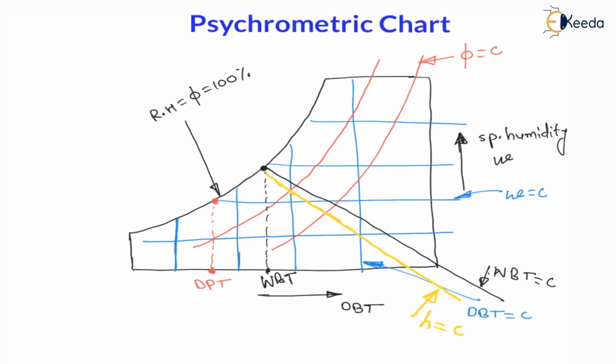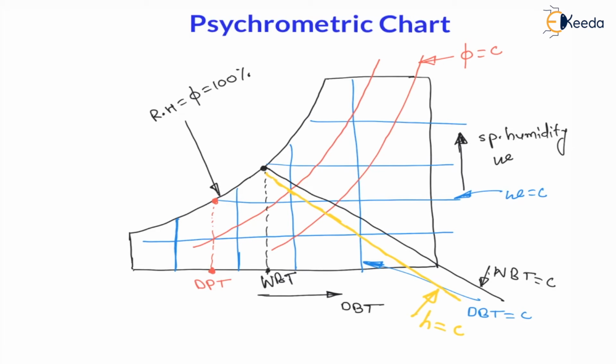So, whenever you want to answer in an examination, you have to write that wet bulb temperature lines and constant enthalpy lines are parallel lines. My dear students, they are not coinciding, they are different lines, they are only parallel lines.